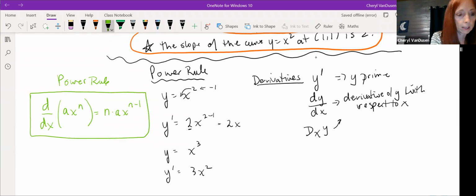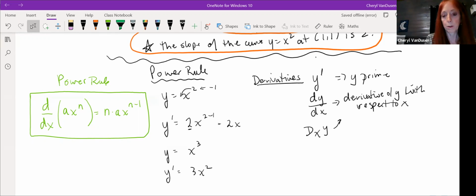Again, let's just unpack that a little bit. A is just a coefficient. I didn't have a coefficient in my questions initially. And then you can see that the n comes down in front and then the exponent gets subtracted by 1. That is kind of the base rule. We're going to play around with that and work on doing different power rule questions.